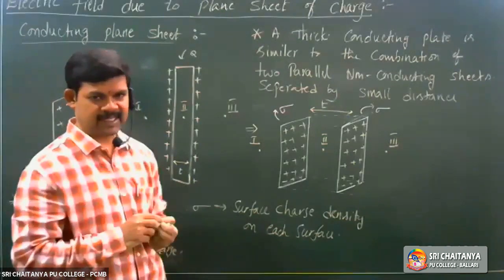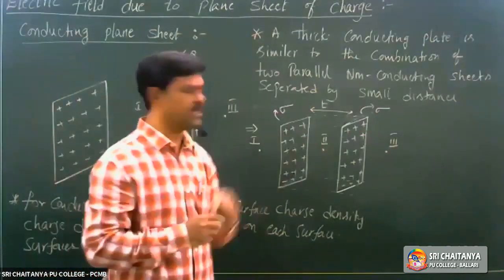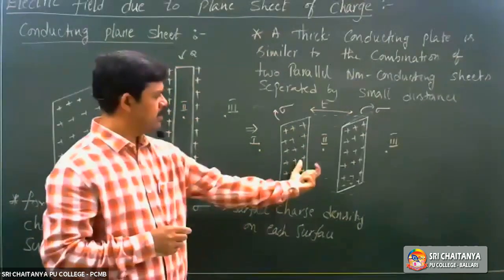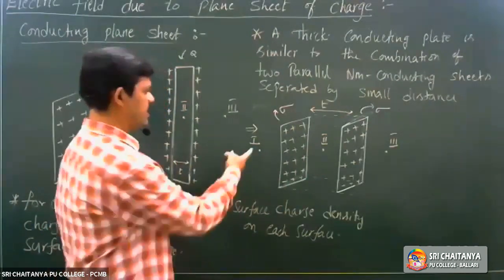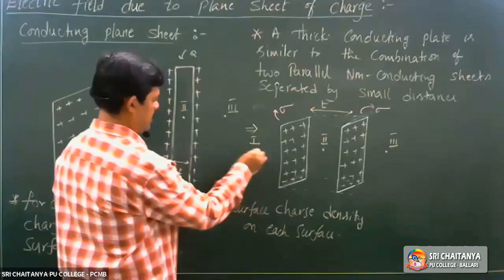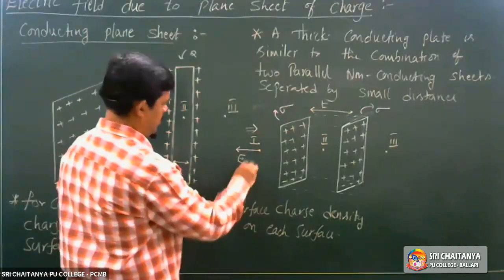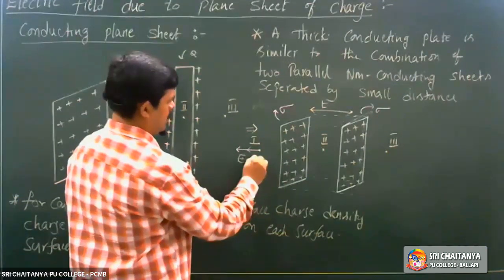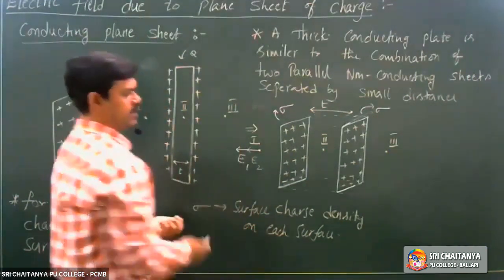Special case we discussed: same charge density, same magnitude of charge, separated by a small distance. Outside, E1 in this direction, E2 also in this direction.